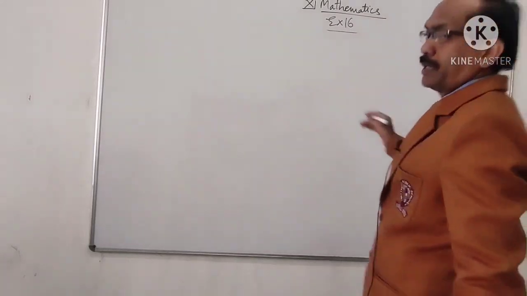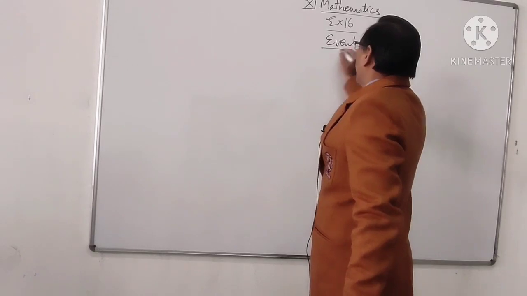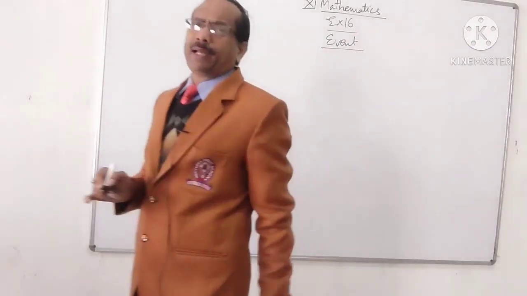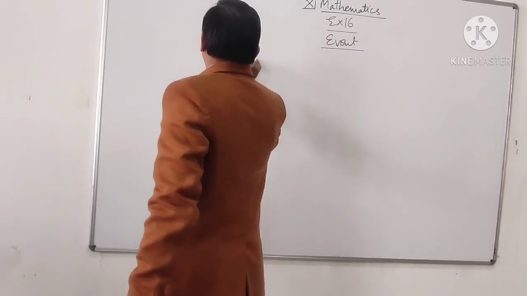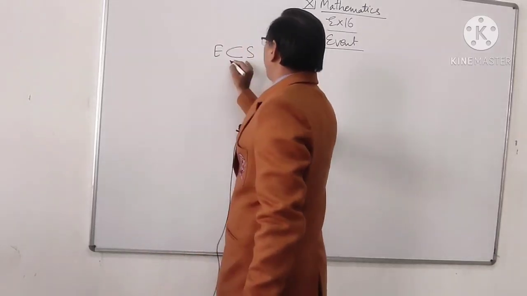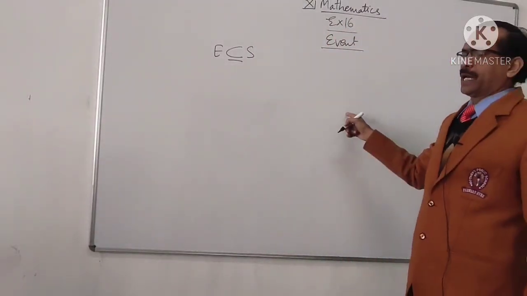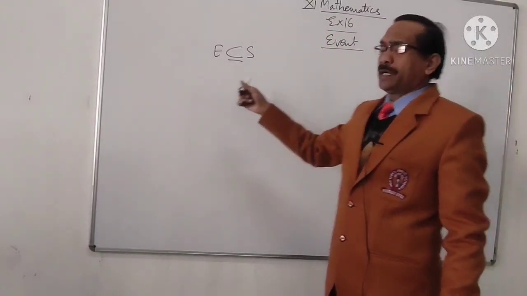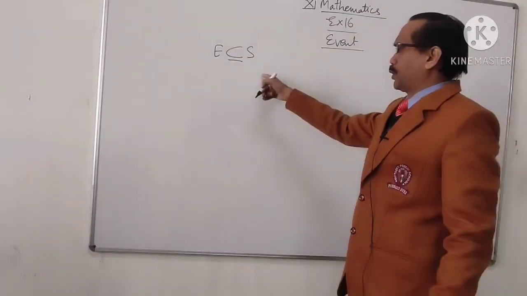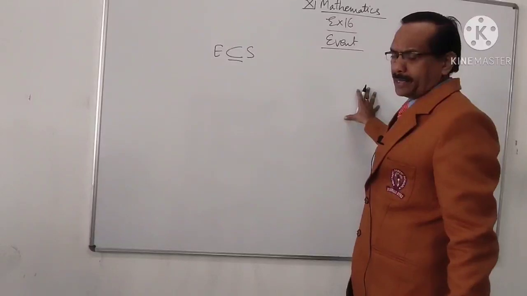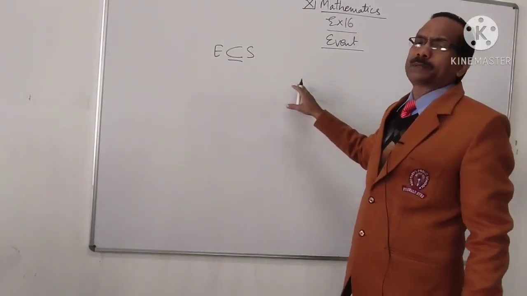Student, now the new concept is event. An event is a subset of the sample space. It is a subset of S. Student, as you know, there is a random experiment, so there may be some elements, and these elements are part of the sample space.